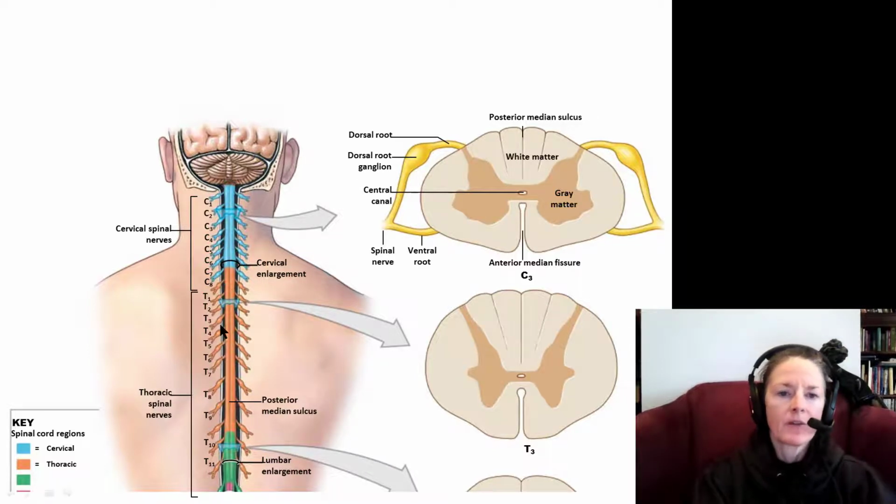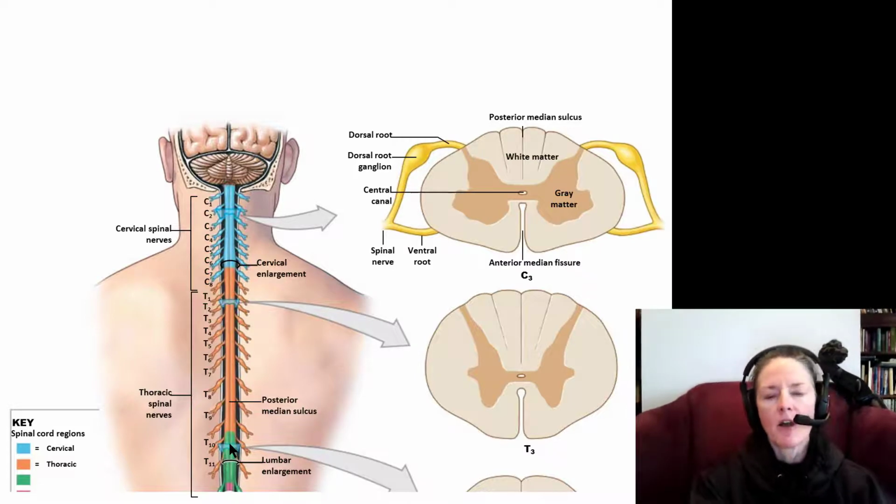And from then on down, the nerve roots corresponding to that segment come out below the corresponding vertebra. So T1 nerve roots come out below the T1 vertebra, the T10 nerve roots come out below the T10 vertebra, and so forth.